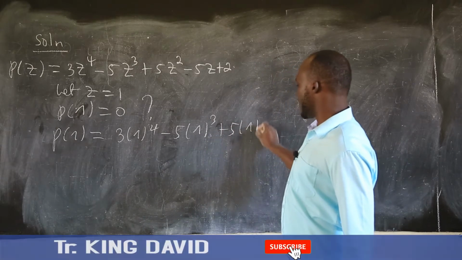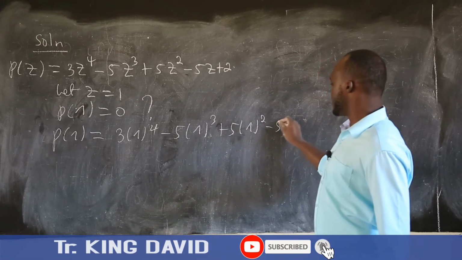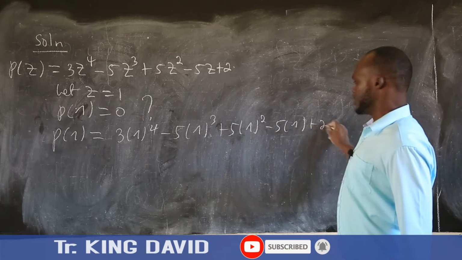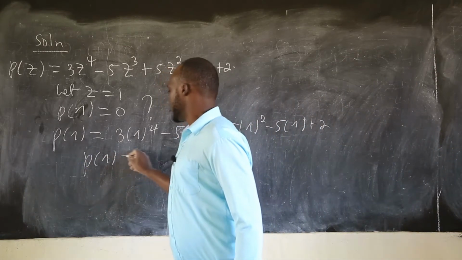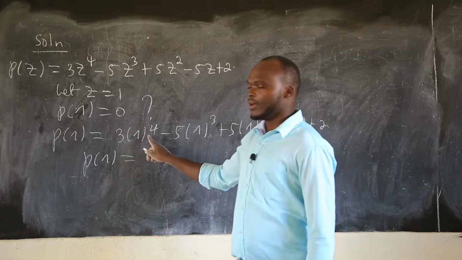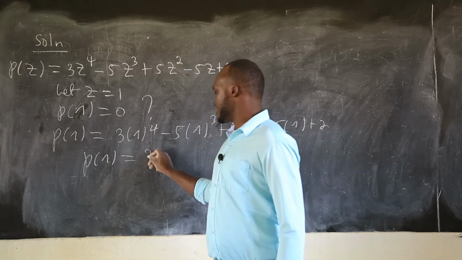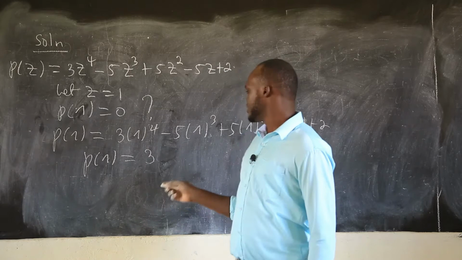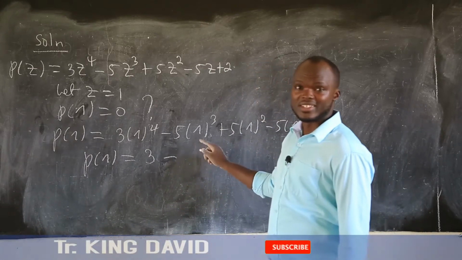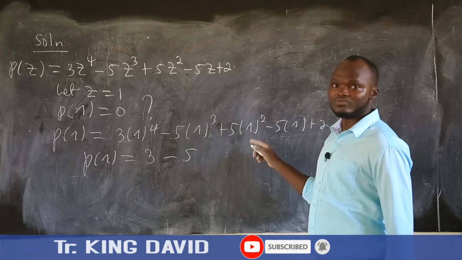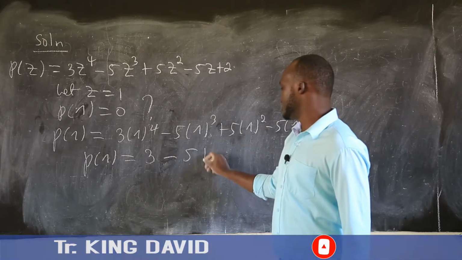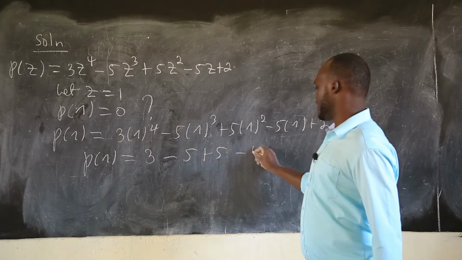5 times 1^2, minus 5 times 1 plus 2. So then P of 1: 1^4 is 1, that's 3, because 3 times 1 is 3. 1^3 is 1, that is minus 5. 1^2 is 1, then that's 5, minus 5 plus 2.